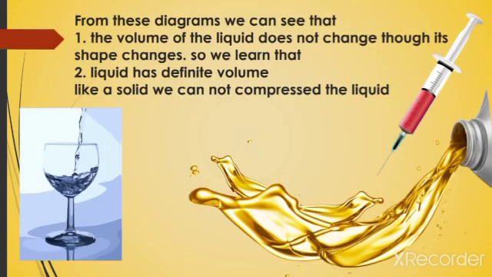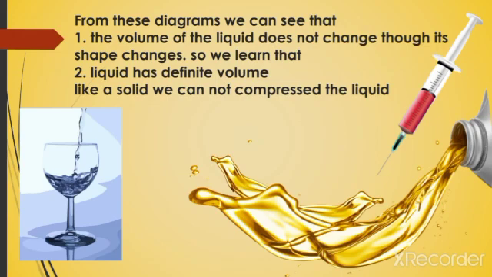Now here we discuss more about the volume of a liquid, and can we compress a liquid or not? From these diagrams we can see that the volume of the liquid does not change though its shape changes, and so we learn that liquid has definite volume.